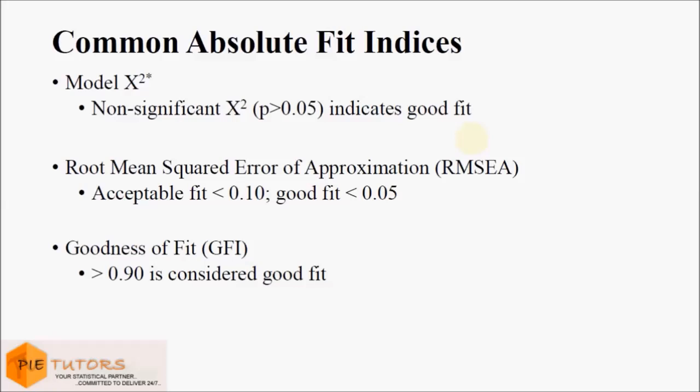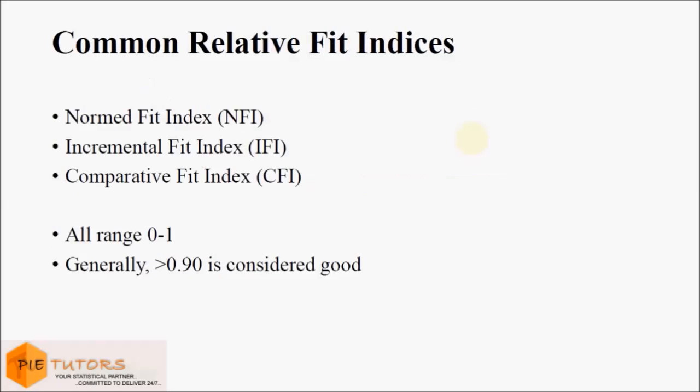The goodness of fit index values that are greater than 0.9 are considered good fit. It is required to look at all the fit indices together rather than looking at each value independently.